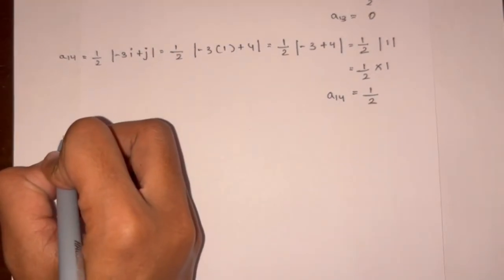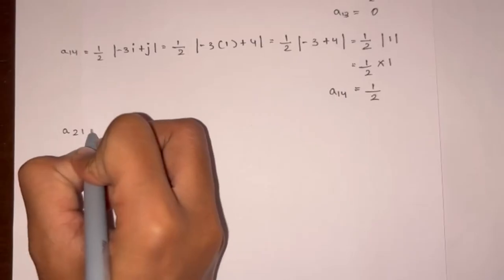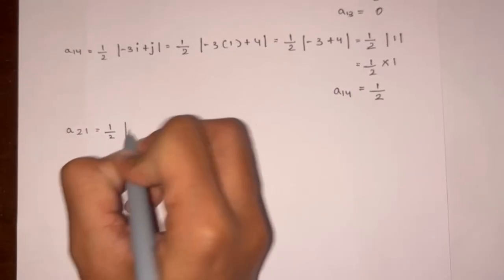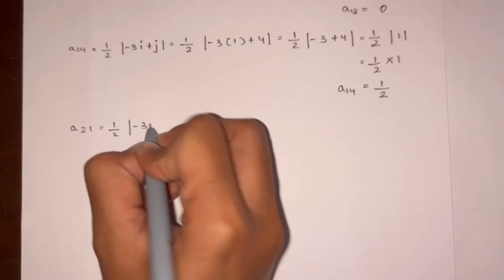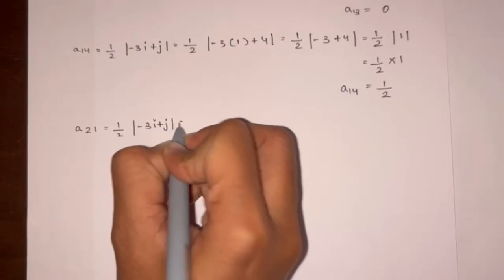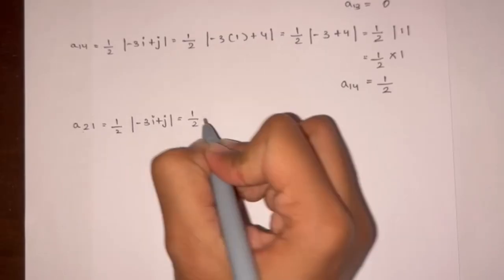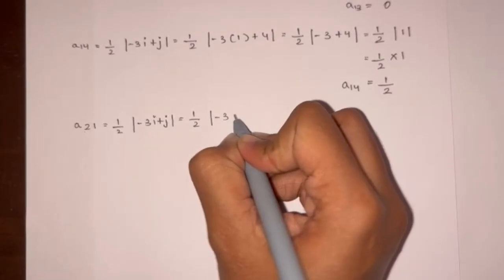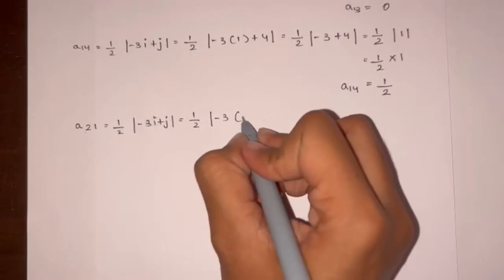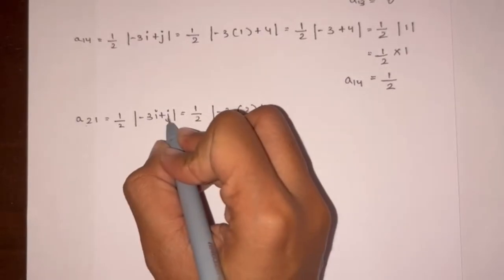Now we will find A21. Writing down the question, 1 by 2 mod of minus 3i plus j, substituting 2 and 1 in place of i and j, that is 1 by 2 mod of minus 3, in place of i we have 2, plus in place of j we have 1.